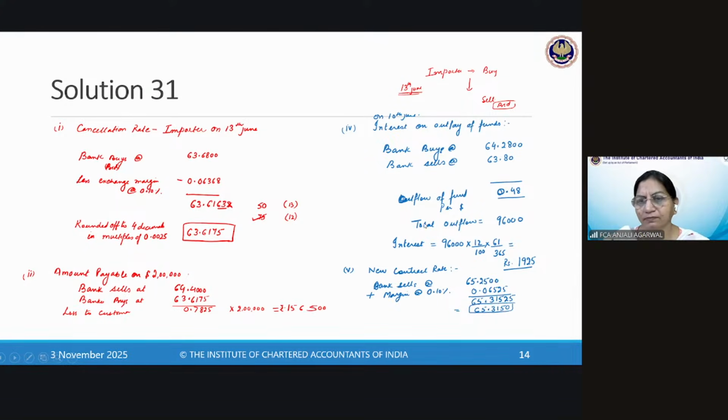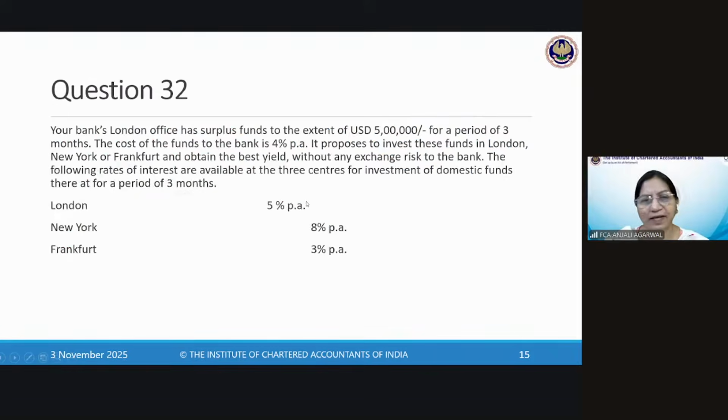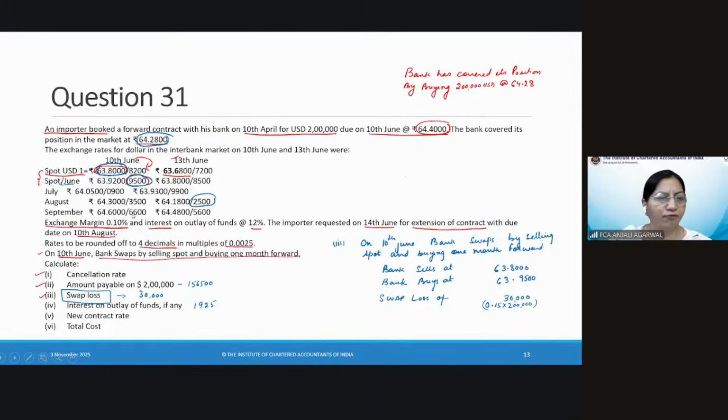or for the whole period that we have calculated, 2 months and 1 day? No, we will calculate specific days. So from 10th June till 10th August, I have taken 20 days of June, 31 days of July, and 10 days of August. Okay, ma'am.